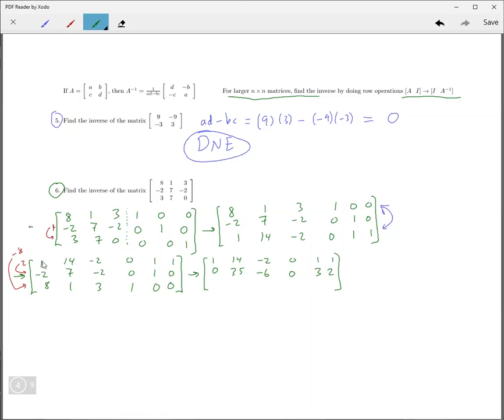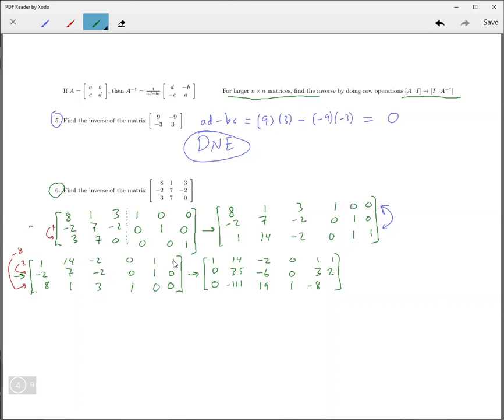Okay, now -8. -8 times 1 is -8 plus 8 is 0. That zeroes that out. -8 times 14. Oh dear. That's -112. Plus 1 would be -111. Ouch. Okay, -8 times -2 is 16. Plus 3 is 19. And -8 times 0 is 0. Plus 1 is 1. So that stays the same. And then -8 times 1 is -8 plus 0 is -8.